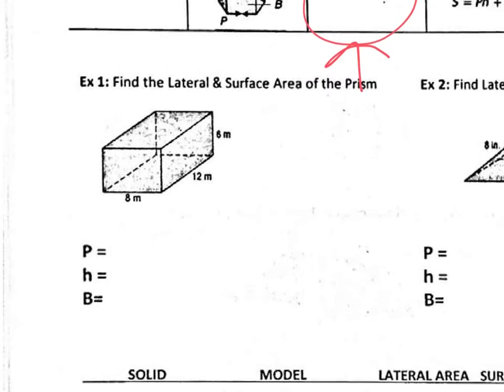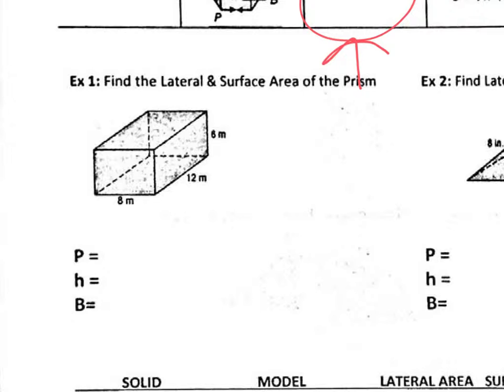So let's look at this example. We've got to find the lateral and surface area of the prism. So the perimeter of the base, and for this problem we'll look at this as the base. So these are my two bases. So the perimeter of the base would be 8 plus 12 plus another 8 over here and another 12. When you add those up, you get 40.